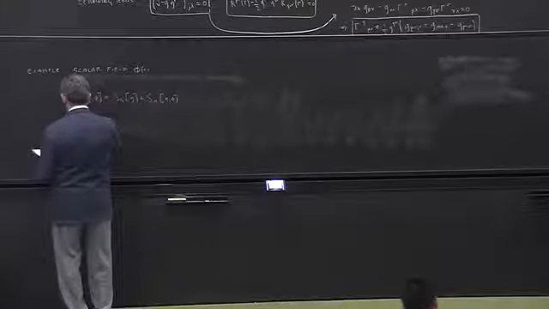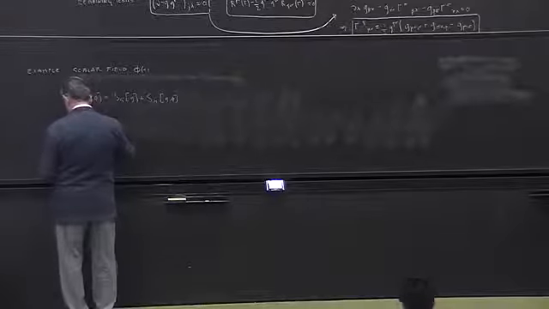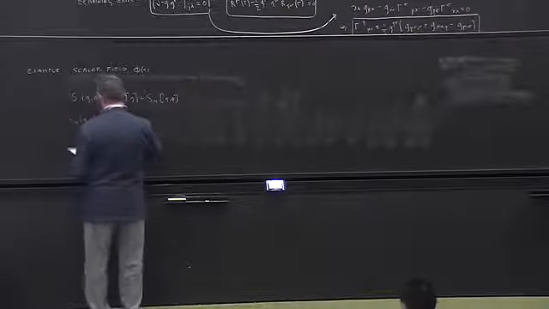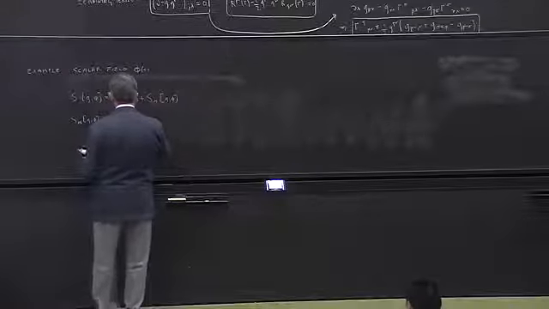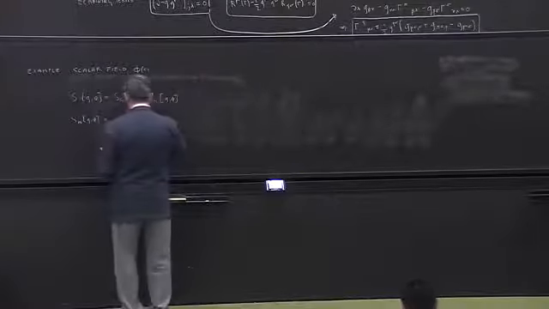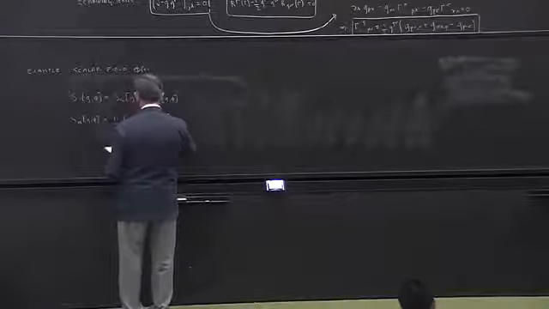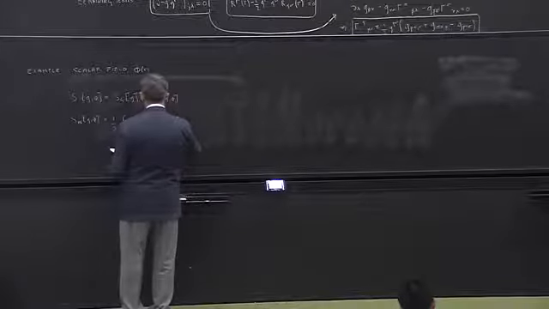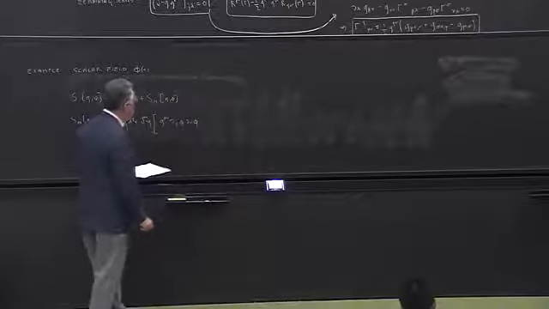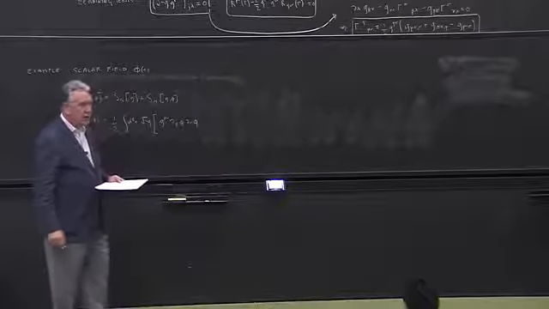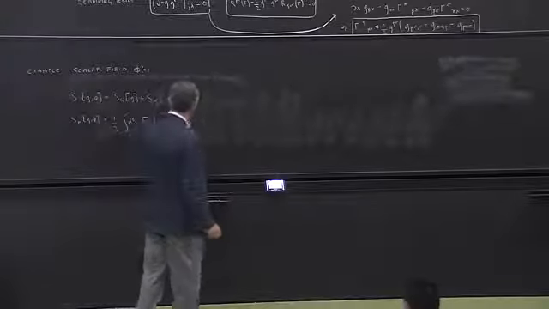And S_M of g and phi is 1/2 integral d4x root minus g. Now the rule is to replace ordinary derivatives by covariant ones, but for a scalar it's the same thing, so these are just ordinary derivatives.